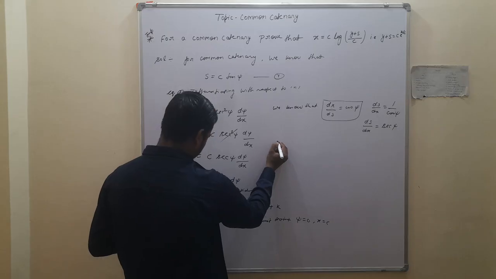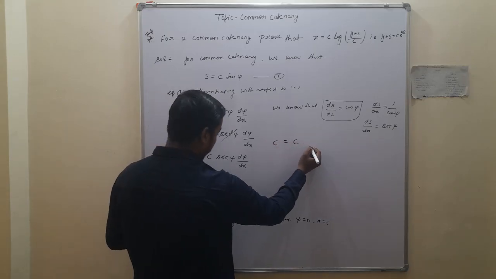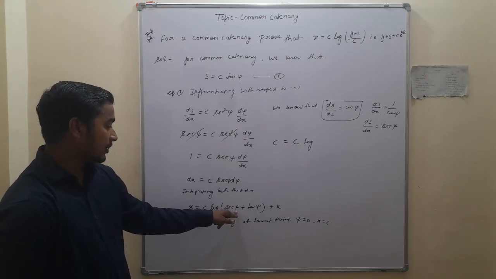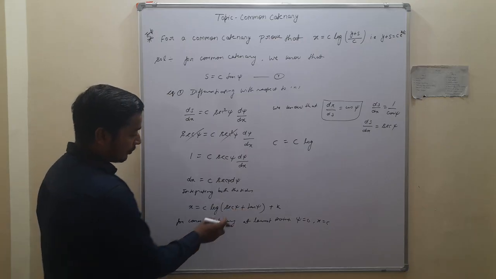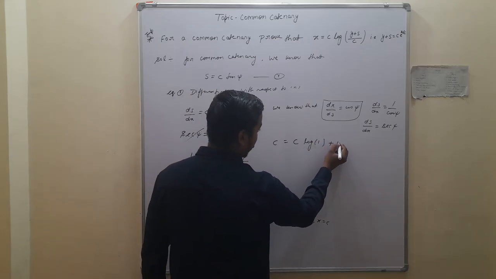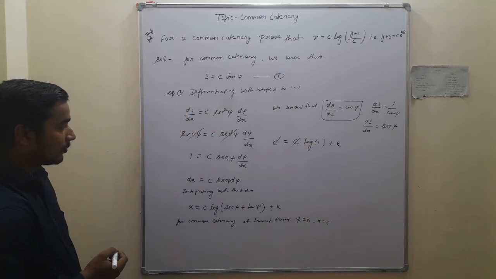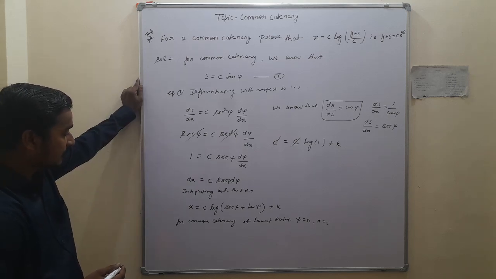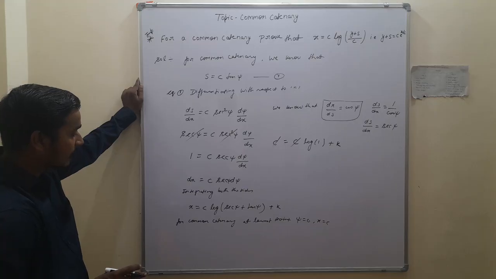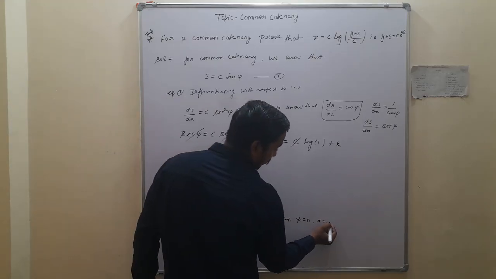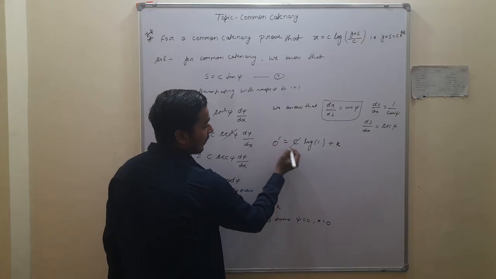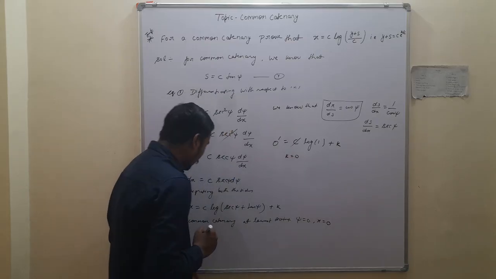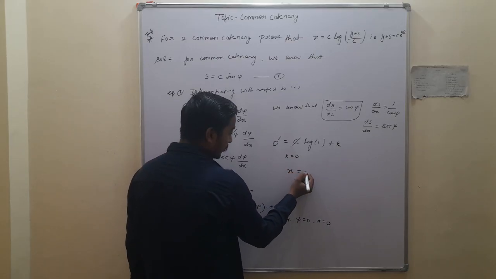Here sec psi is 1 and tan psi is 0, then we get log of 1 plus k, and c times log 1 is 0, so the value of k becomes 0. Putting this, we get the equation x is equal to c log of sec psi plus tan psi.